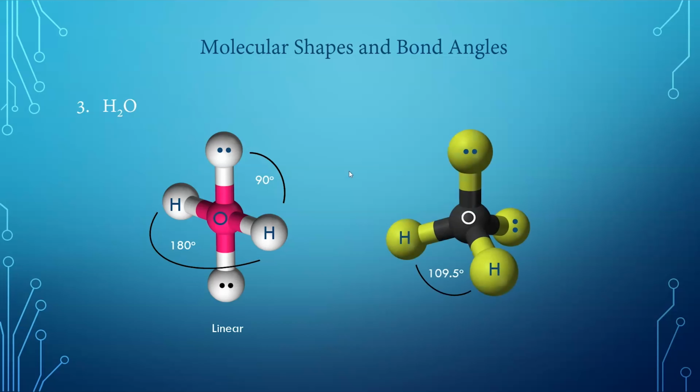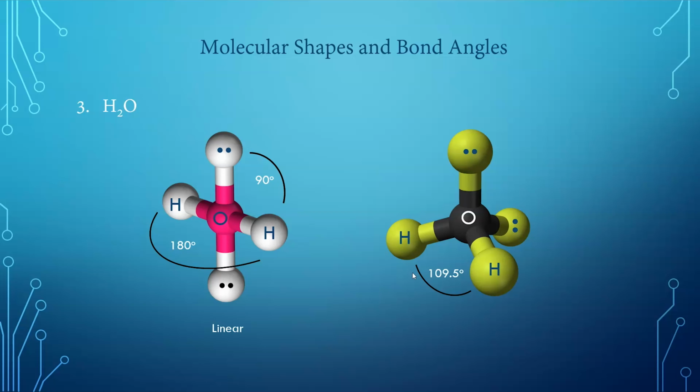If we move 3-dimensionally, now our hydrogen atoms or our non-bonding electrons will be 109.5 degrees away from each other, approximately. As I mentioned with the ammonia, the angle will not be exactly 109.5 unless all 4 groups are identical.